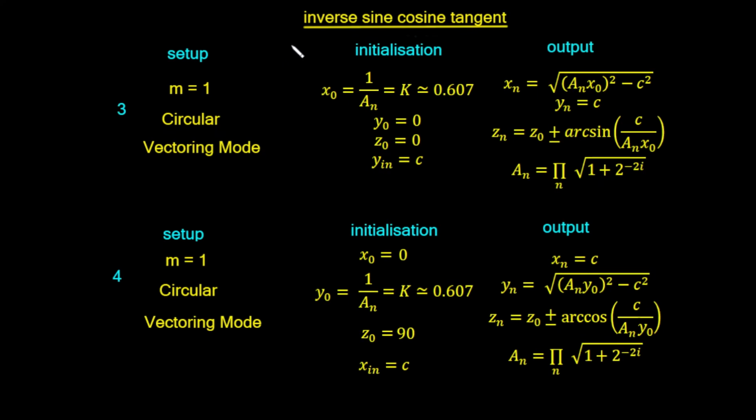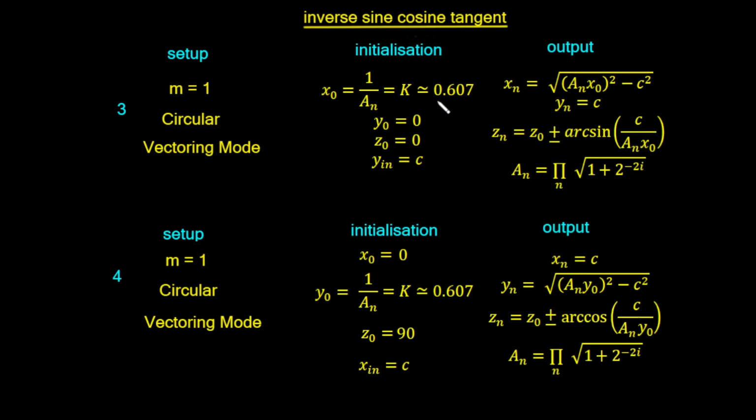Now we want to generate the inverse of the sine, the cosine and the tangent. So the first one here is going to generate the inverse sine, and the second one generates the inverse cosine. The setup is m is equal to 1, so it's circular, and it's in vectoring mode.